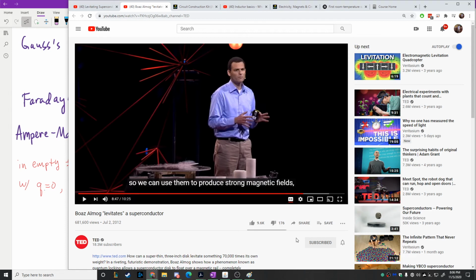Before we go away, one thing I'll say is that there's a lot of exciting fields in science, and one of them that's extremely exciting right now is a field called material science or material engineering, where people basically engineer materials.